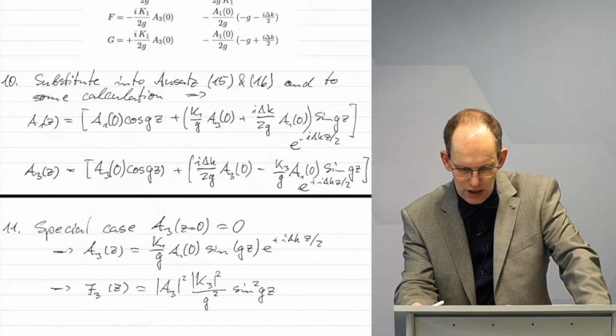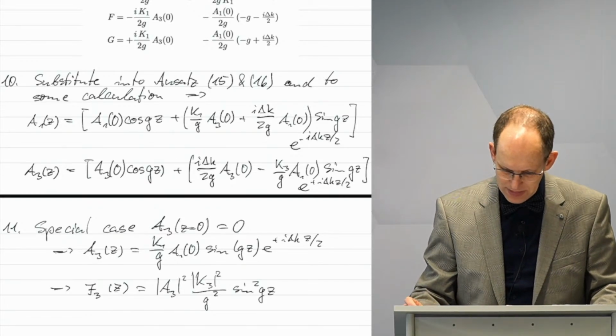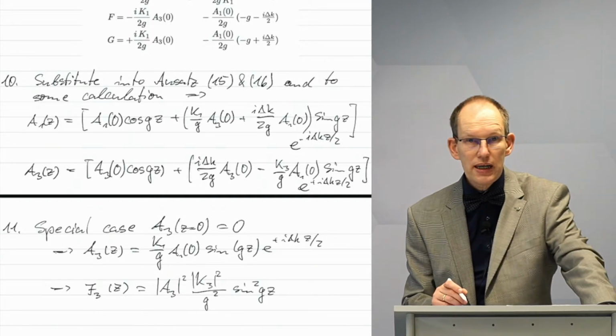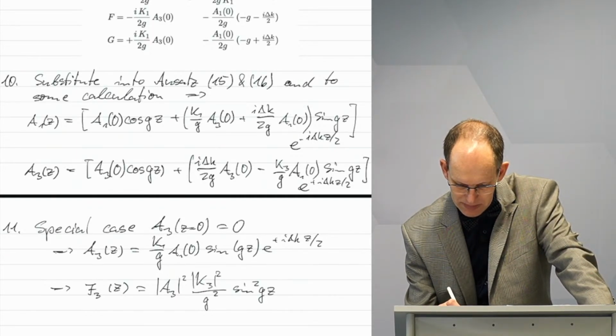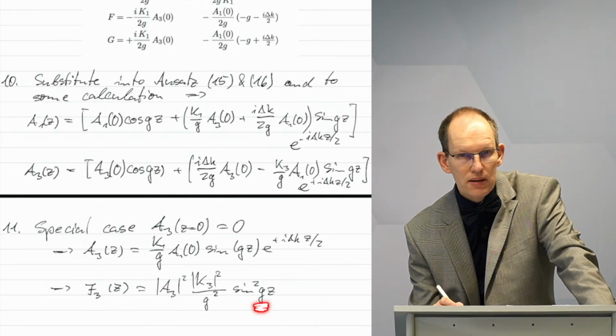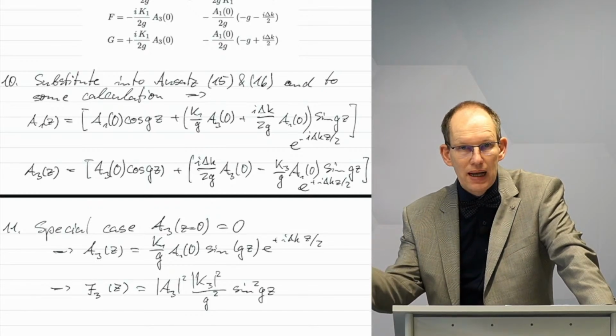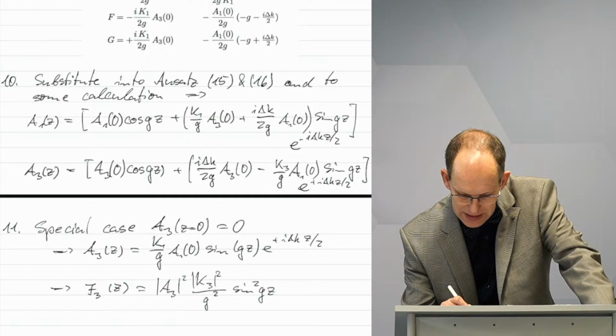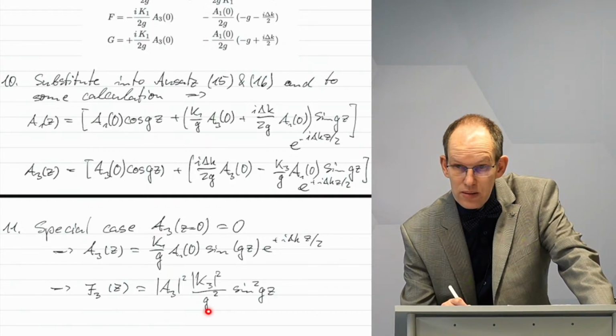So, and here the interesting point is, we already saw that it will oscillate faster because G is basically equal to kappa plus the phase mismatch, right? But now we see that also the amplitude is affected.